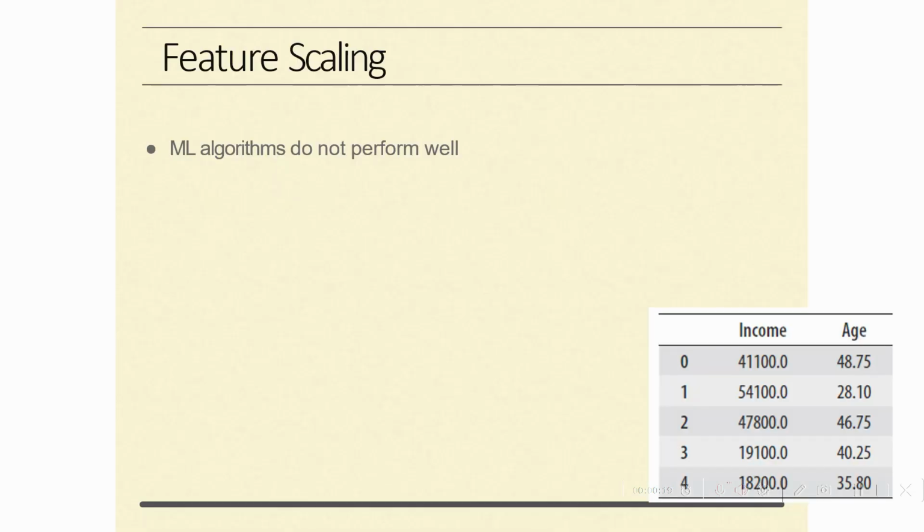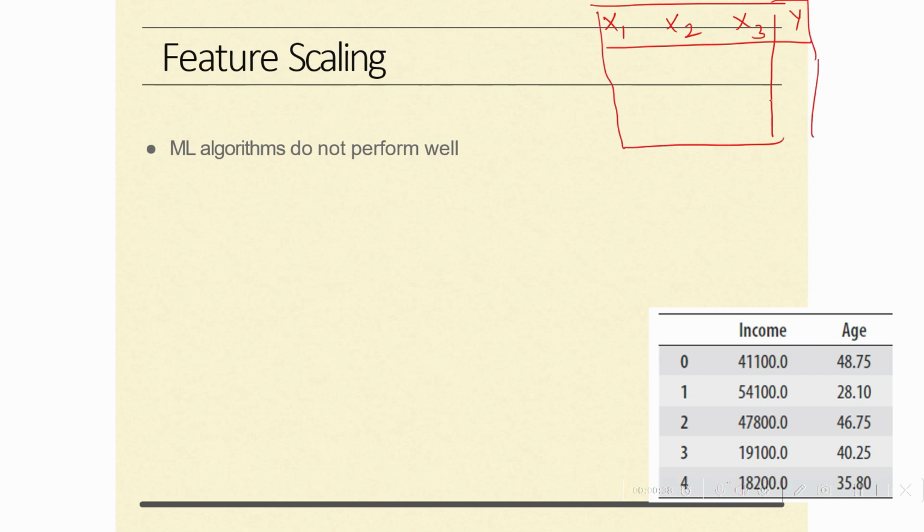For example, here we are given a data set with features x1, x2, x3, up to xn, and the corresponding class label. The data may be in the form of different categories and different values.